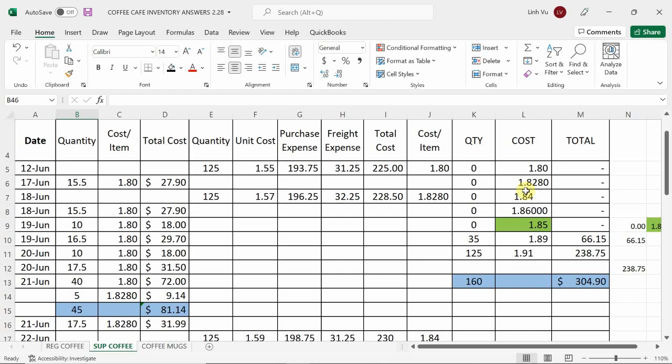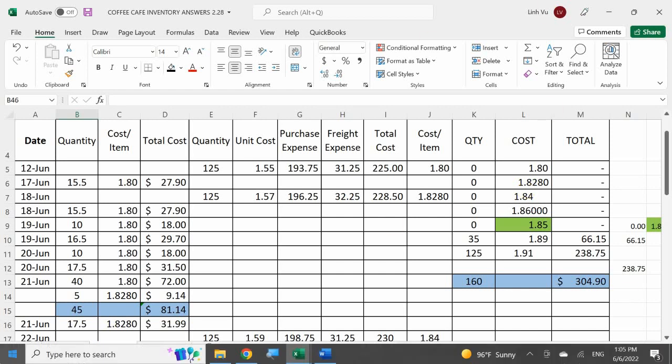I definitely don't have enough here to cover all 50 units, so I've got to dip into two batches. If I sell out my entire 35 batch of inventory, that's going to give me a grand total of $66.15 right off the bat.